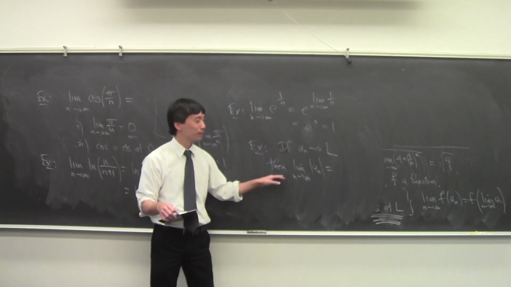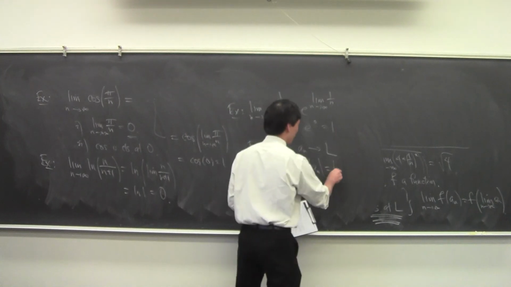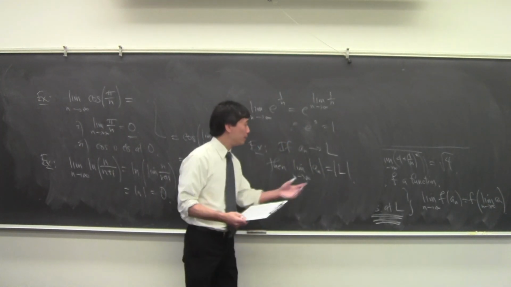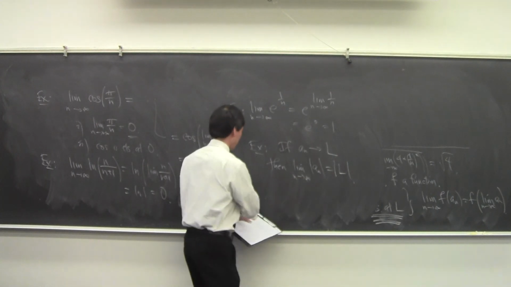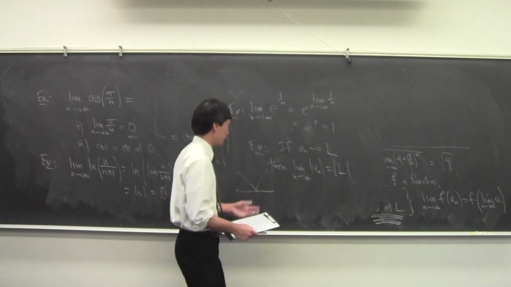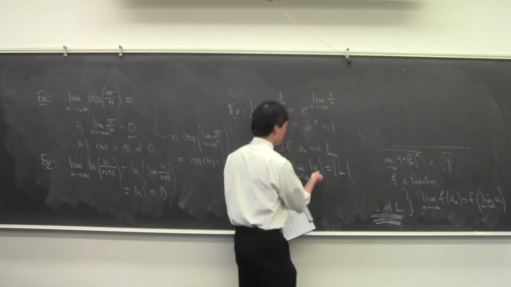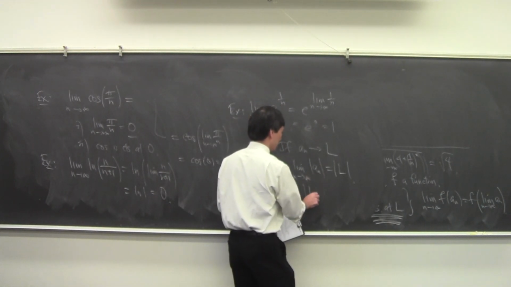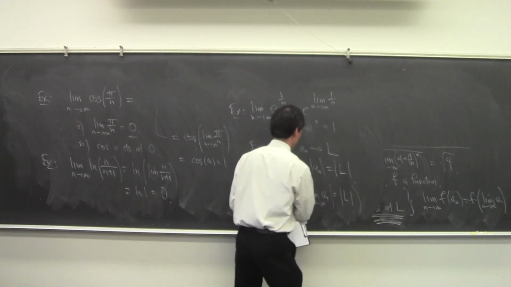You're not sure? Is it just L? It's not L. The absolute value of L? Yeah, the absolute value of L. In this case, the absolute value is your function. The absolute value is a continuous function. It's not differentiable, but it's continuous. So you know that the limit of the absolute value is going to be the absolute value of the limit. Well, that's the absolute value of L.